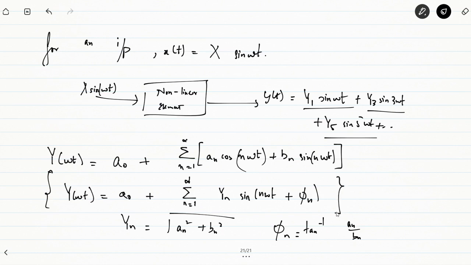So this equation, these two equations rather, we'll be using to find out the output response to any sinusoidal input of any nonlinear system, where you know basically a0, an and bn.